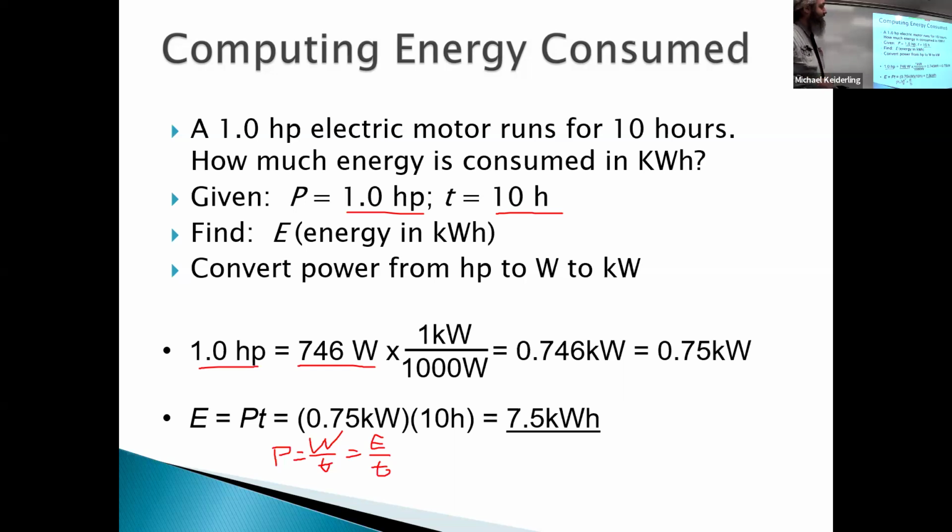And then we're going to multiply that by 10 hours. So 0.75 kilowatts times 10 hours is 7.5 kilowatt hours for 2 significant figures. It'd be 7.46 kilowatt hours rounded to 7.5.